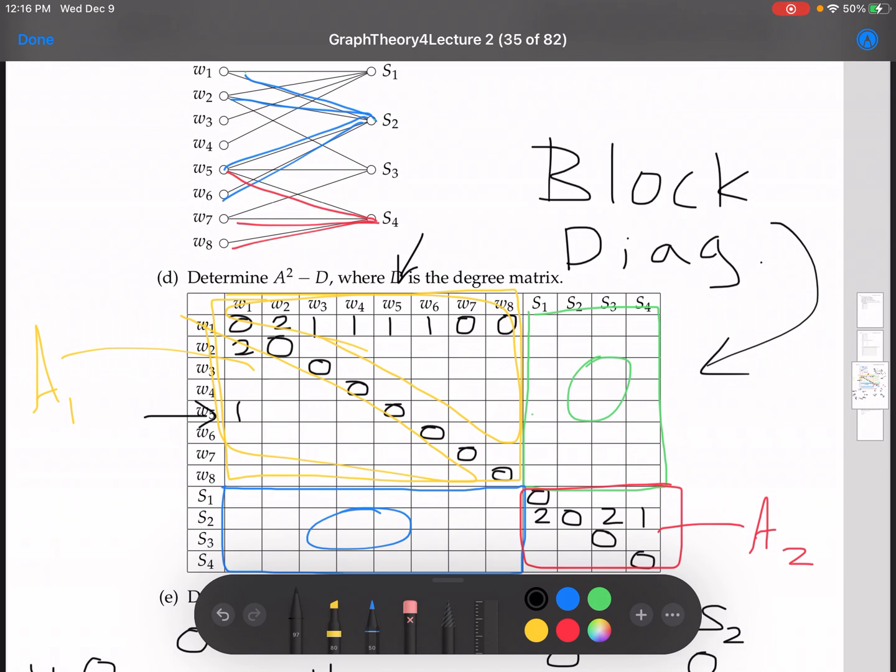And remember, block diagonal implies disconnected. So we know that this graph that this adjacency matrix defines is disconnected. And that there are two disconnected pieces. We have the disconnected piece A1 and the disconnected piece A2.